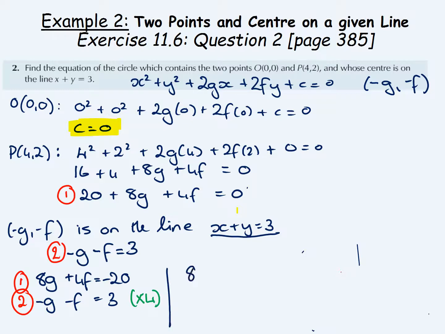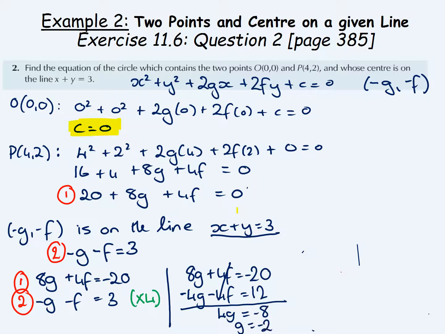So I get 8g plus 4f equals minus 20. So I get minus 4g minus 4f equals 12. Here they cancel and we're left with 4g equals minus 8, so g is equal to minus 2.